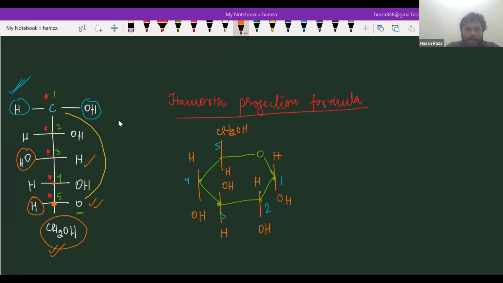Whatever is on the left hand side, we have to write.